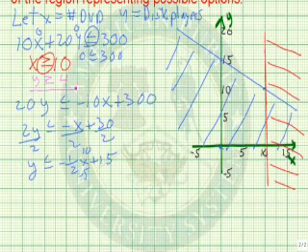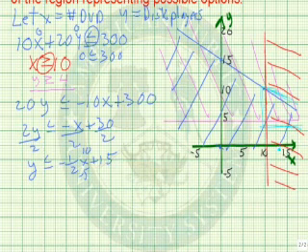Finally, we have y greater than or equal to 4. Y equal to 4 is a horizontal line. So it would be everything above this graph. Therefore, our solution would be this region in here where all three of these overlap.